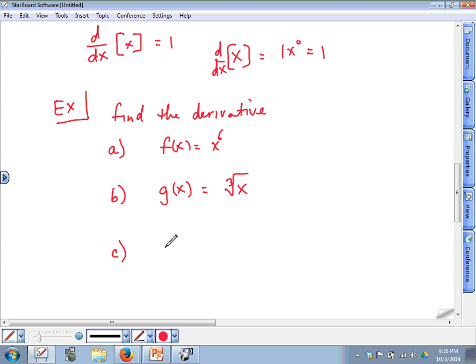And for part C, y equals 1 divided by x squared.